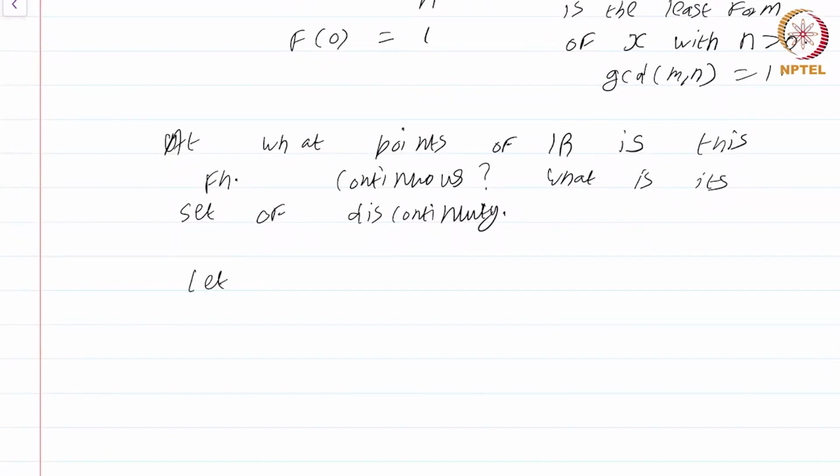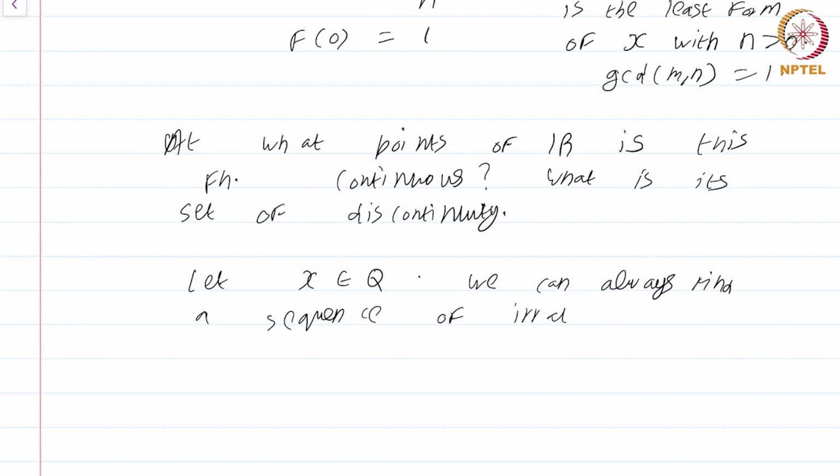Now let's take x in Q. Then we can always find a sequence of irrationals x_n converging to x, but f of x_n is all 0. That's the way it was defined.